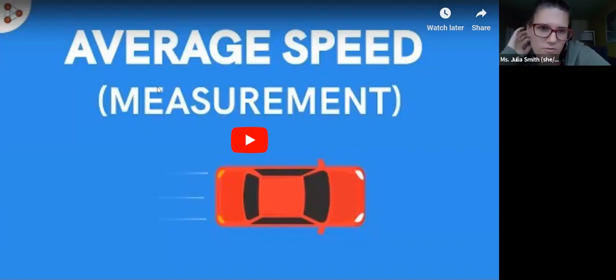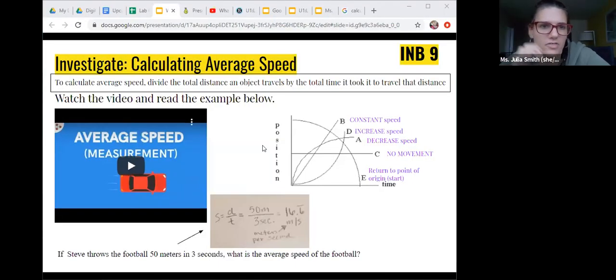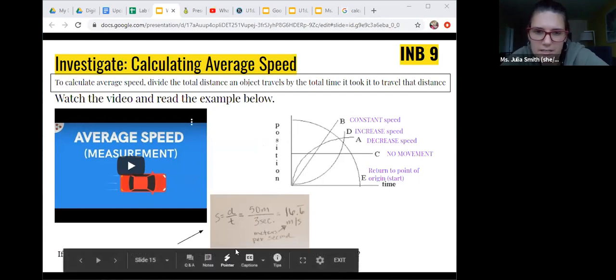All right, so remember, we are using the formula of distance divided by time to calculate speed. We have this example: Steve throws a football 50 meters and it takes 3 seconds. What's the average speed of the football? We have the example here with the formula distance divided by time.